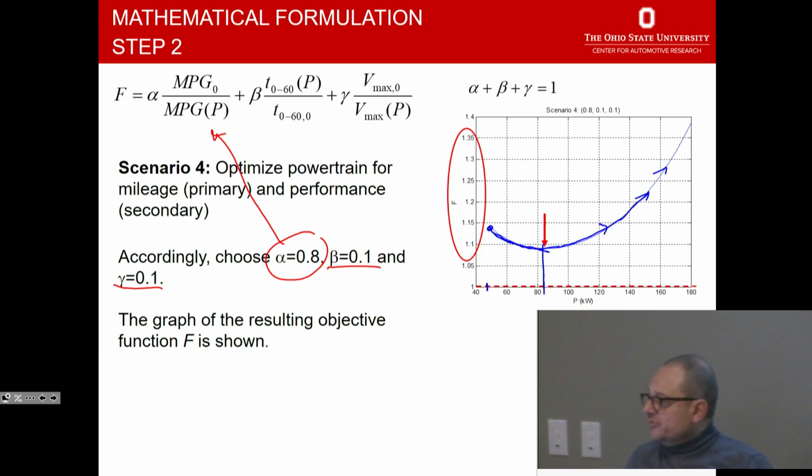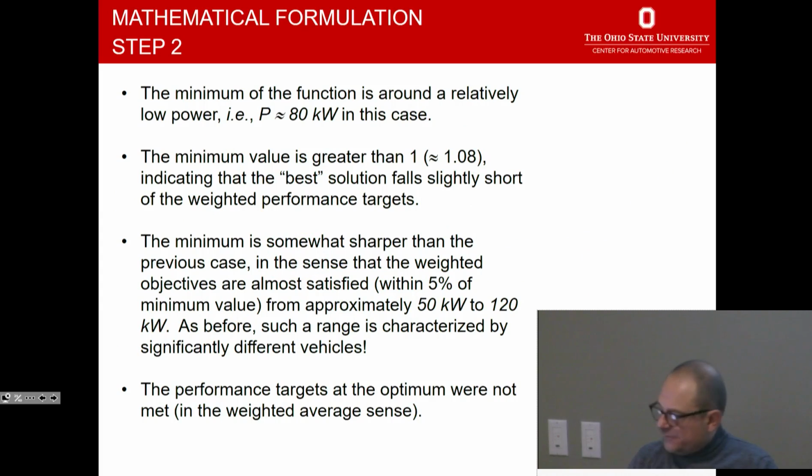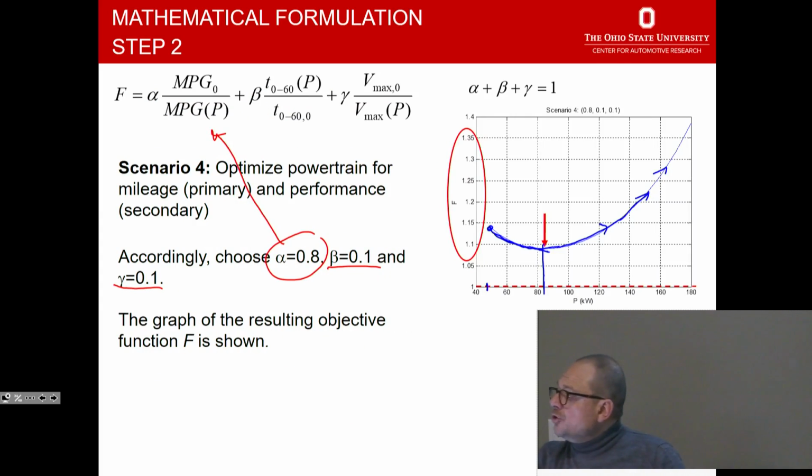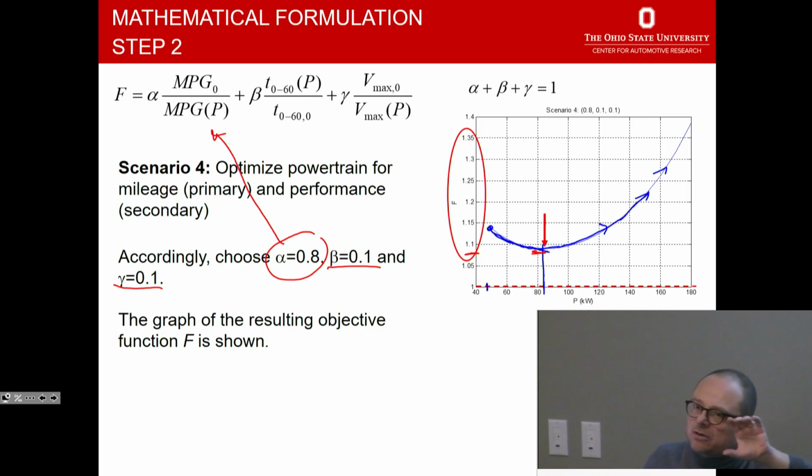We also observe that when you look at this result, your minimum is greater than 1. In other words, if you put so much weight on fuel economy and too little weight on performance, you're not going to come close enough to meeting or exceeding your objective.